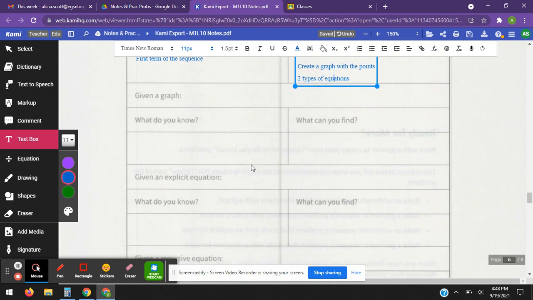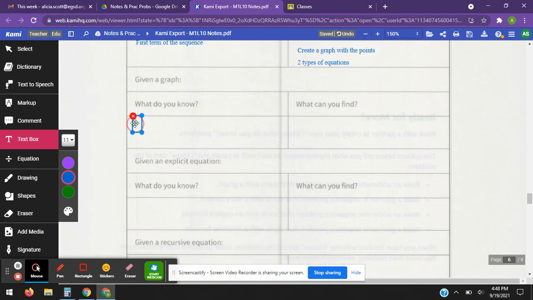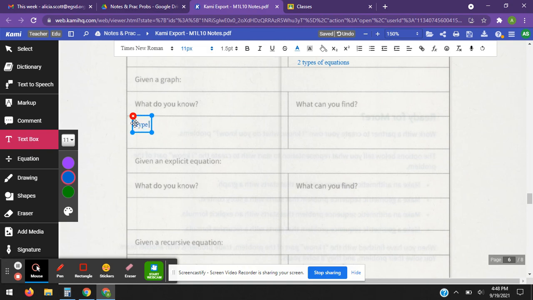All right, if we're given a graph, what do we know? Well, we know our type of sequence, right? We can look at it and say, oh, it's curved, it's geometric. Arithmetic equals straight. Geometric equals curved.